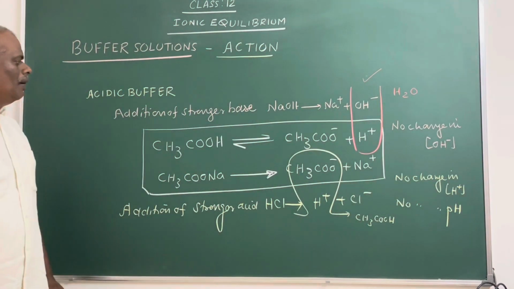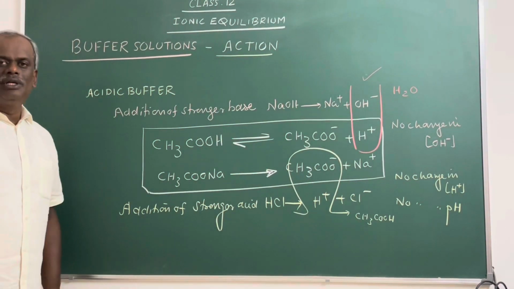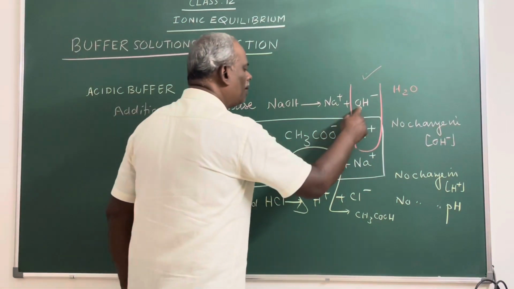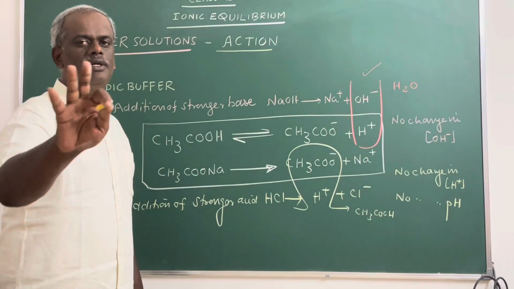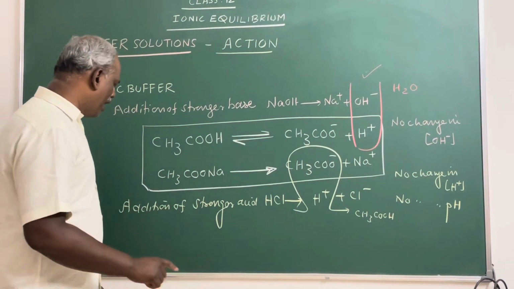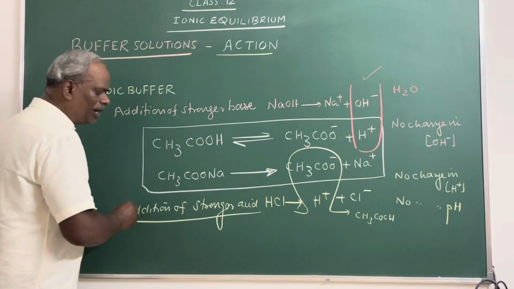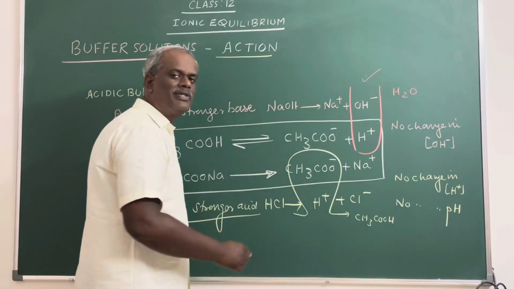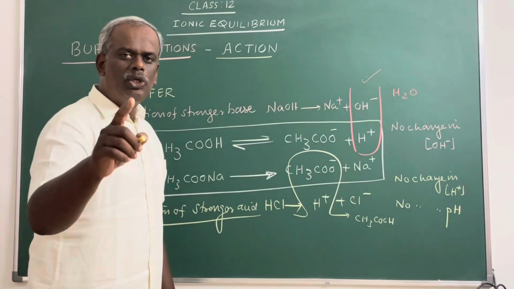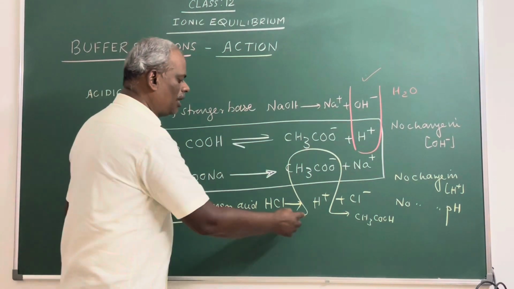Try to understand. When you add a stronger base, the added OH minus combines with H plus to form H2O. No increase in the concentration of OH. Likewise, when a stronger acid like hydrochloric acid is added, it provides H plus, but there is no chance of increasing the concentration of H plus.